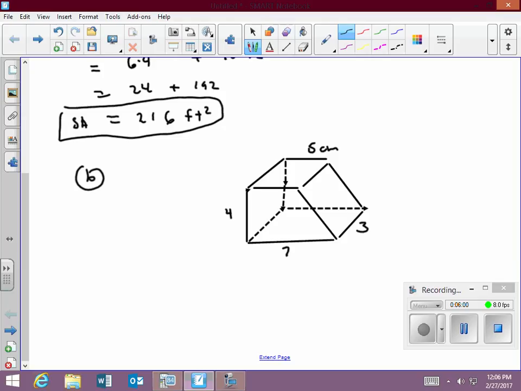So the ends are the front and back, and those are trapezoids, right? And this is 5 right back here. This thing right here is also 5.